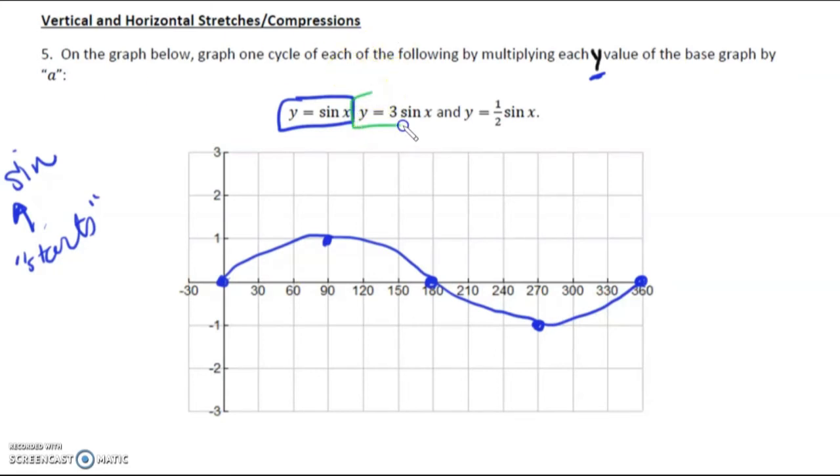Okay, now we have y equals 3 sine x. So what we're going to do is we're going to stretch this up and down. Okay, this is a vertical stretch by a factor of 3. Okay, and we're going to learn very soon that this is also called the amplitude. Okay, it's how big your hump is. So at 90, instead of being at 1, we're going to multiply that by 3, and we have to go up to 3.